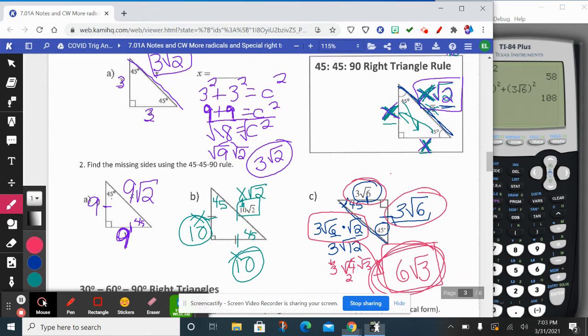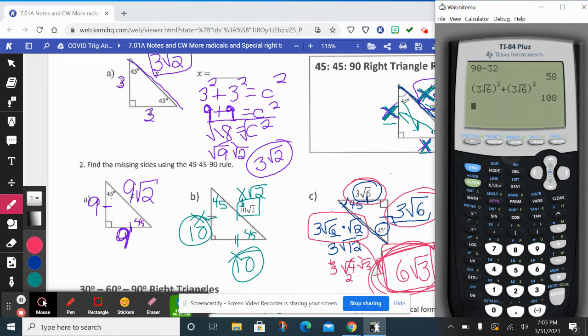Is that equivalent to the hypotenuse 6 radical 3 squared? So 6 square roots of 3 squared.